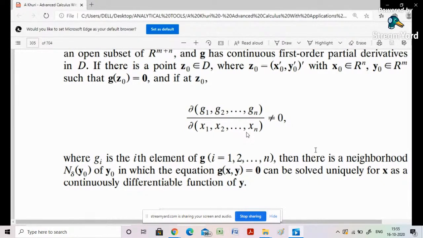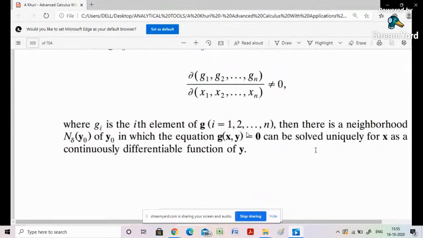Then what is the result? There is a neighborhood N delta of y0 in which the equation g(x, y) equals 0 can be solved uniquely for x as a continuously differentiable function of y. So in the neighborhood N delta of y0, we can solve the equation. That is a wonderful result.